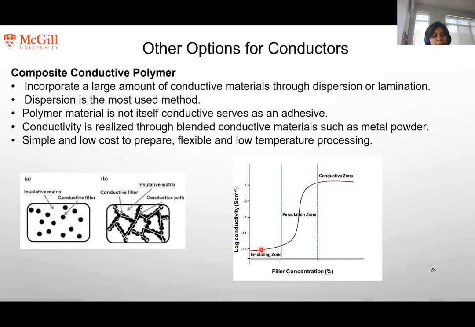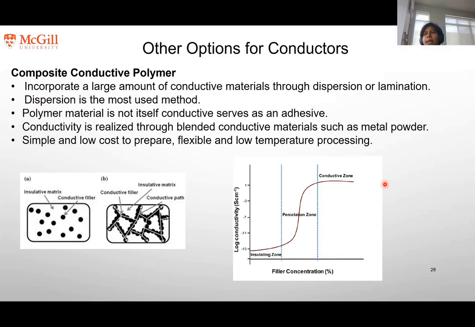If you measure the conductivity versus the filler concentration, this type of curve is something that you want. So you always want to mix something that is after the percolative zone. After the percolative zone, let's say you add this much, it doesn't matter how much more you increase after that, you're going to get pretty much the same conductivity level.